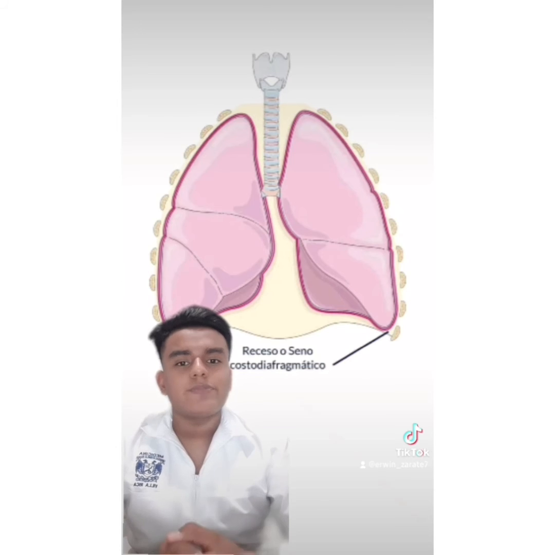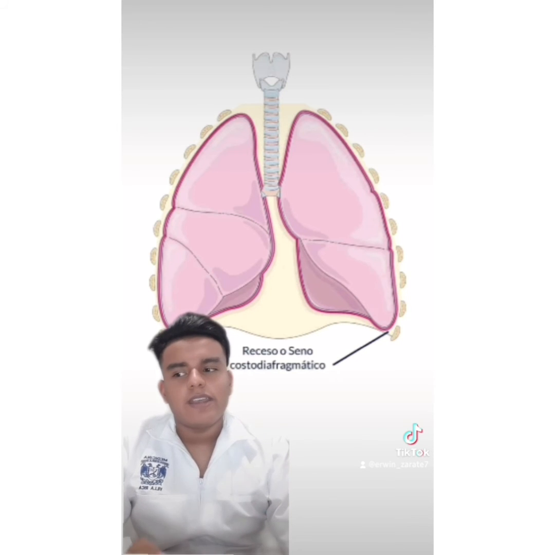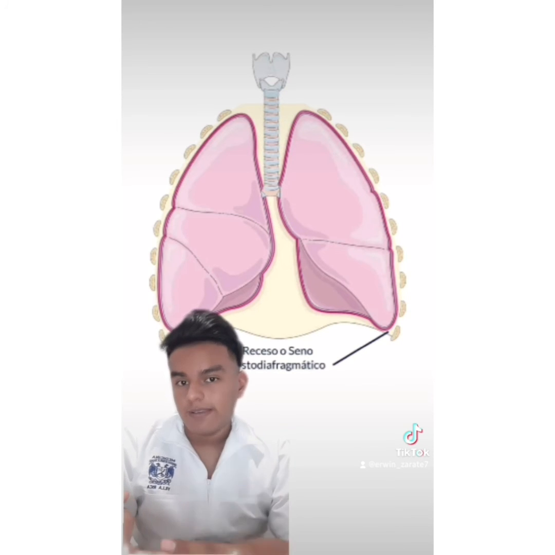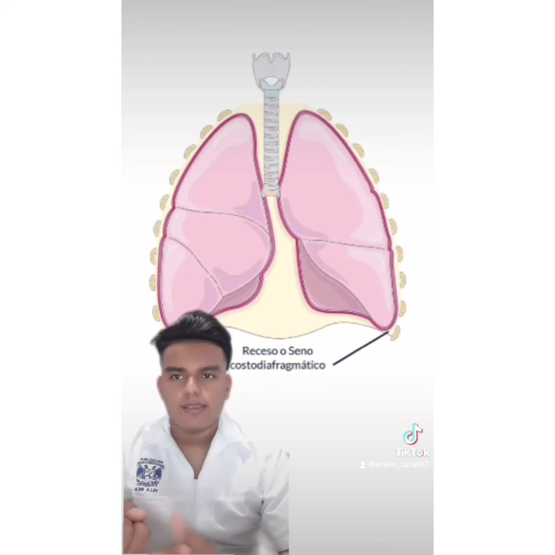It's important to mention that there are pleural recesses. To be exact, there are two: the costomediastinal recesses and the costodiaphragmatic recesses. Each of them has different characteristics.